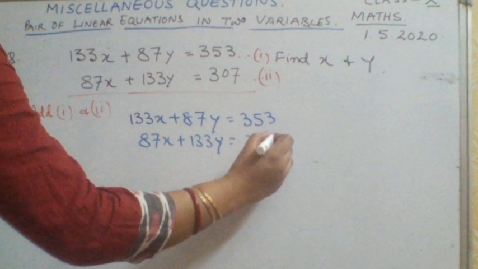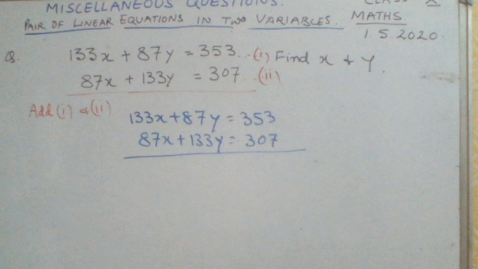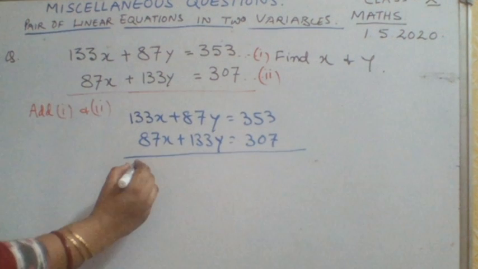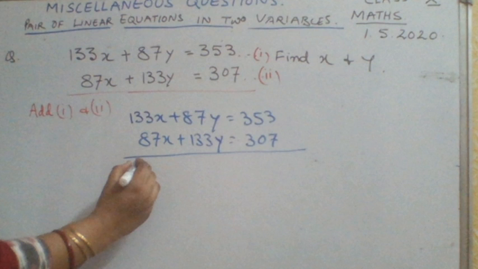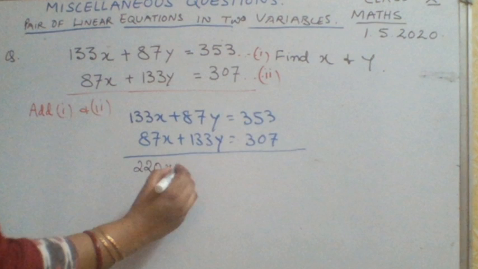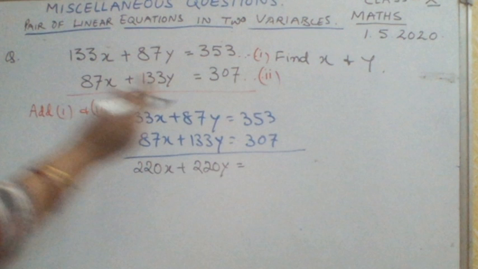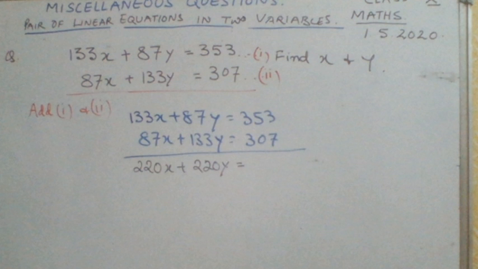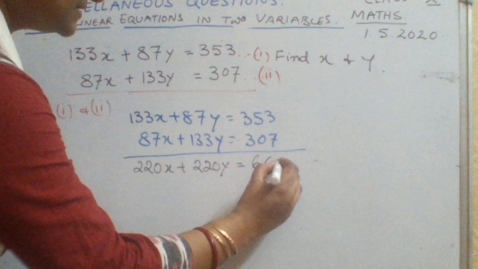If we add them, we will get 220x plus 220y equal to 660.